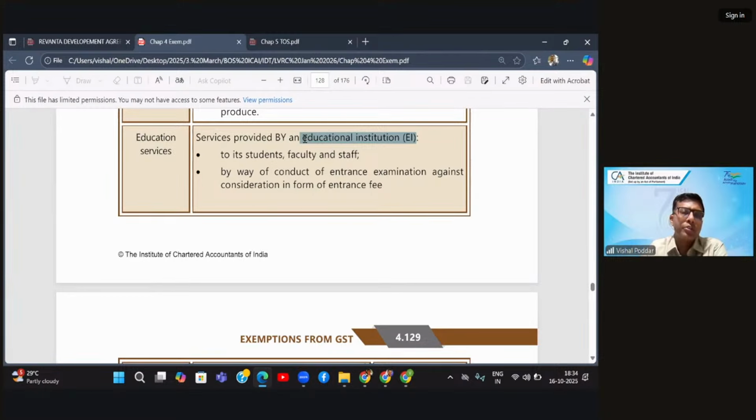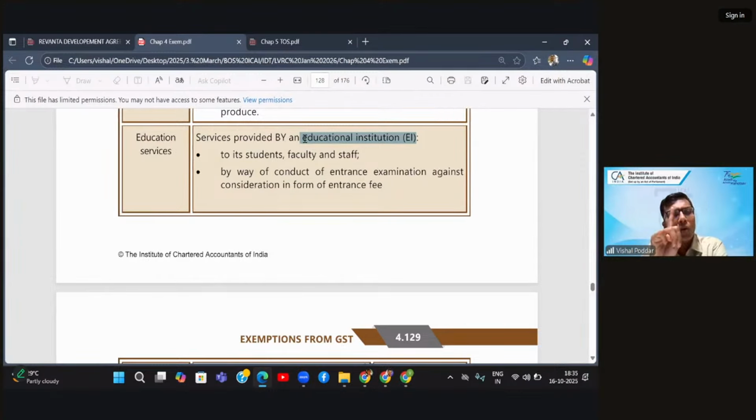Now, who is an educational institution? That is defined. First, it is a school from pre-primary up to standard 12th. Second, it is a college which is offering degrees. So it will be from 12th standard onwards. So it will be your junior college, senior college, etc. And third is vocational training institutes. Now, in all these three, all are termed as educational institutions, but there is some interesting difference.